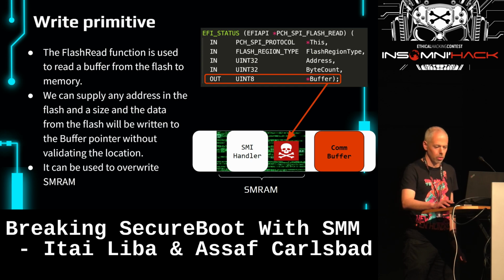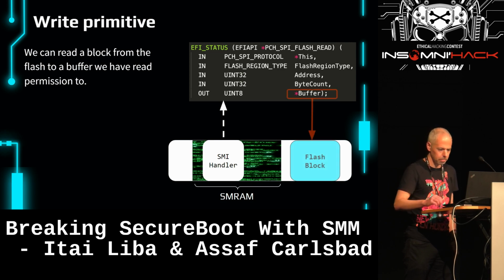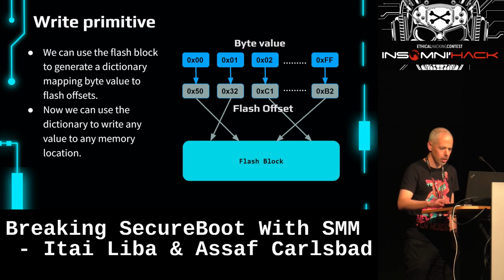But we can only control the value being written by controlling the flash offset. To write arbitrary data, we can set the handler to call the flash read to read a block to normal RAM, so we can read the flash block. We can use the flash block to generate a dictionary mapping byte values to flash offsets, and use the dictionary to write what we want where we want.